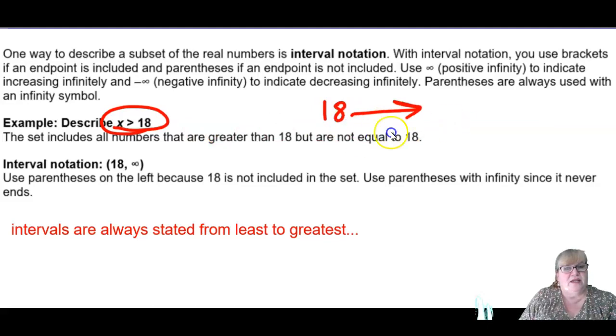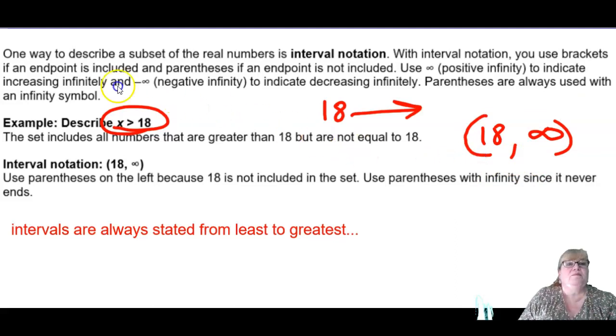So we say we want to not include 18, but everything going up towards infinity. Do you kind of remember that? Whenever you have an infinity, it is always a parenthesis. Whenever you're not including the number, it's a parenthesis. But if you want to include the endpoint, then we use brackets, these little square guys. And it's important that you remember to always state it from the least to the greatest.